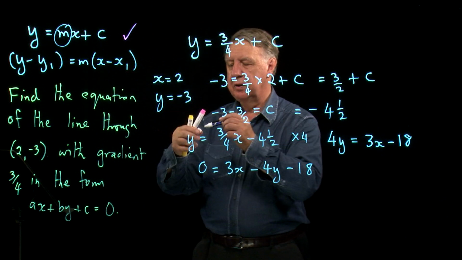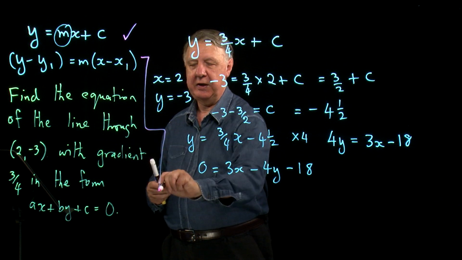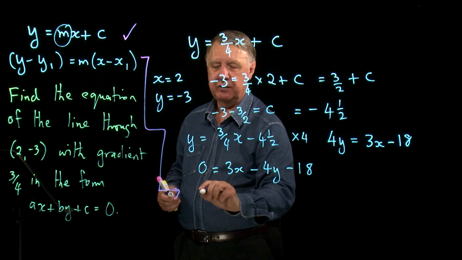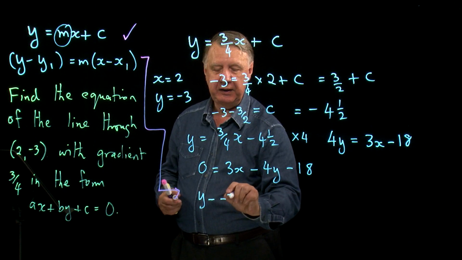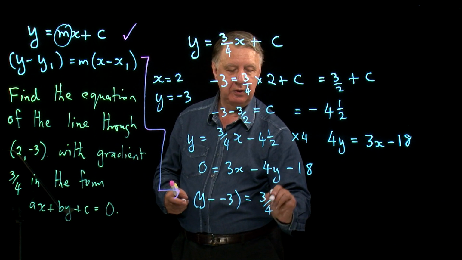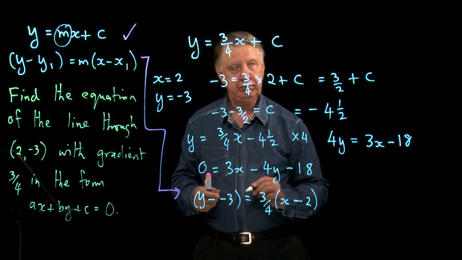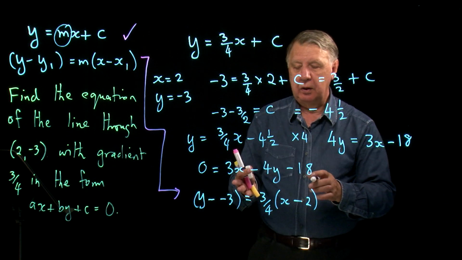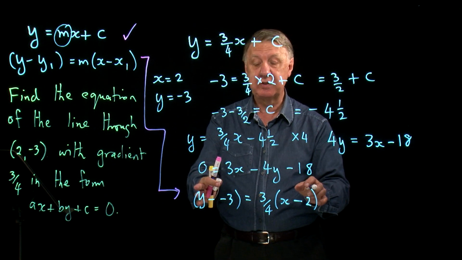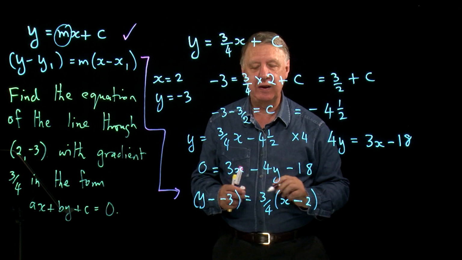So I can go straight from this equation, let's do a funny arrow, down here, and we can write this as y take away negative 3 equals 3/4 (x take away 2). So already I've actually got the answer. It's not the right answer in its form yet, but it's better than this because here we still have that c.